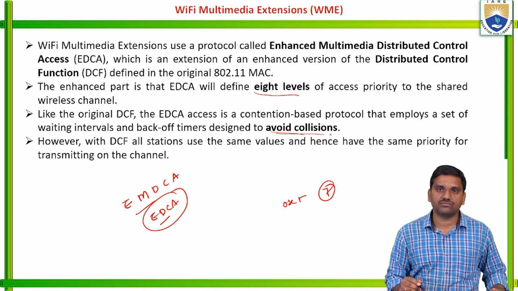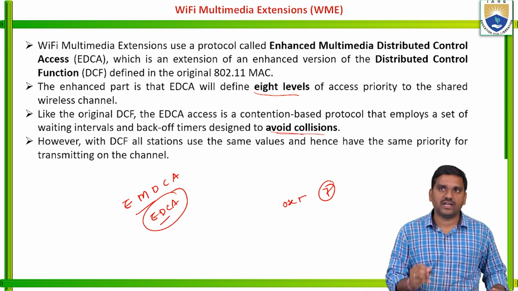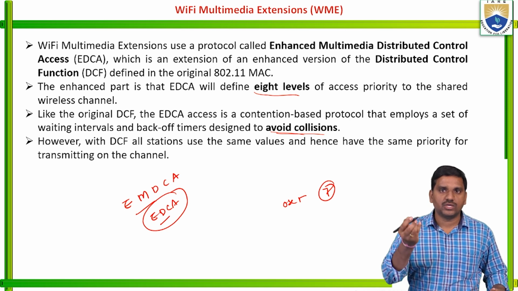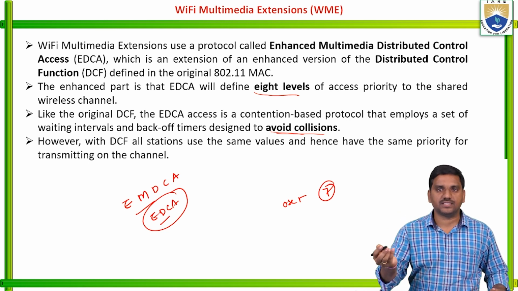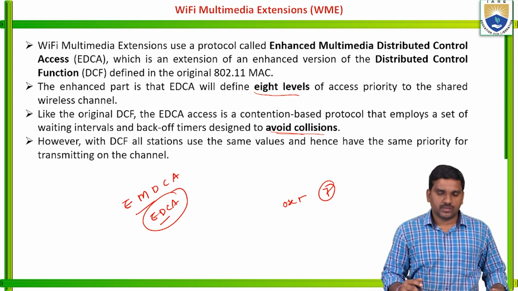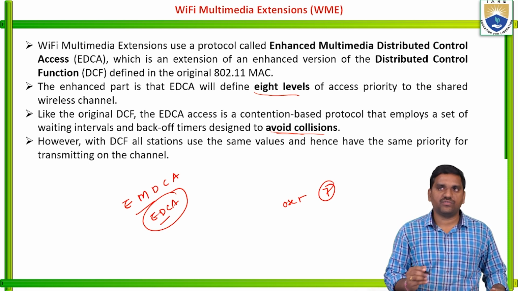The main function of Wi-Fi multimedia extension is to avoid collisions while transmitting signals. If there is a collision, we get some noise or interference. To avoid that, we use Wi-Fi multimedia extension.